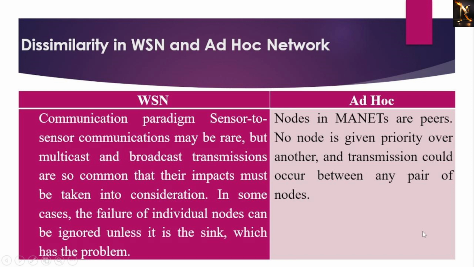On the other hand, in mobile ad hoc networks, MANETs, nodes are considered peers, meaning no node is inherently prioritized over another. Transmission could occur between any pair of nodes, highlighting the decentralized and egalitarian nature of communication in MANETs.